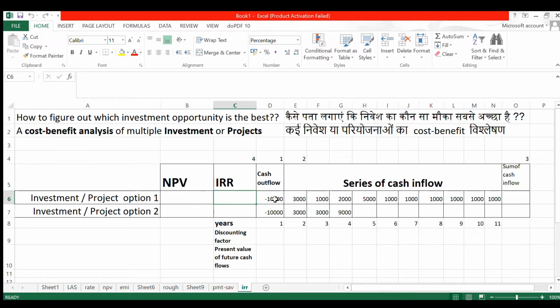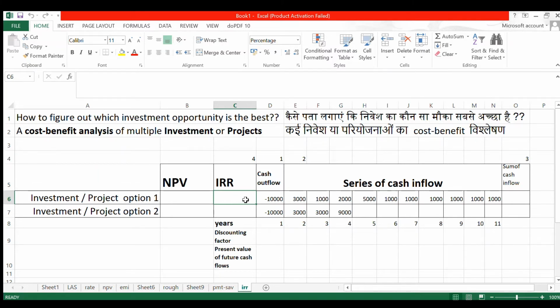We can see that 10,000 rupees is denoted with a negative symbol, which means that it is a cash outflow. We can see a series of cash inflows which is indicated with a positive sign. The positive sign is implied, which is not required.